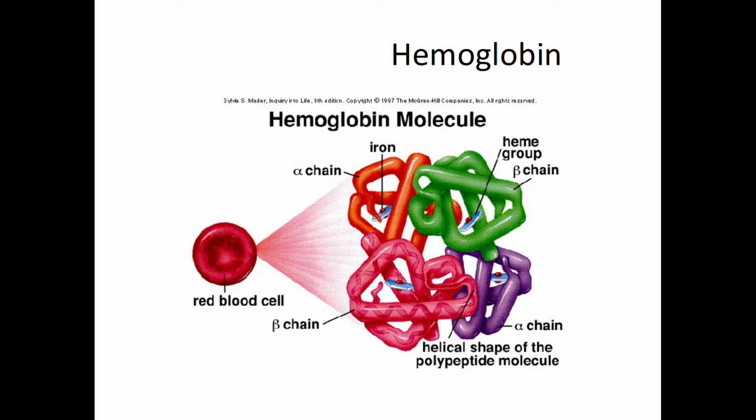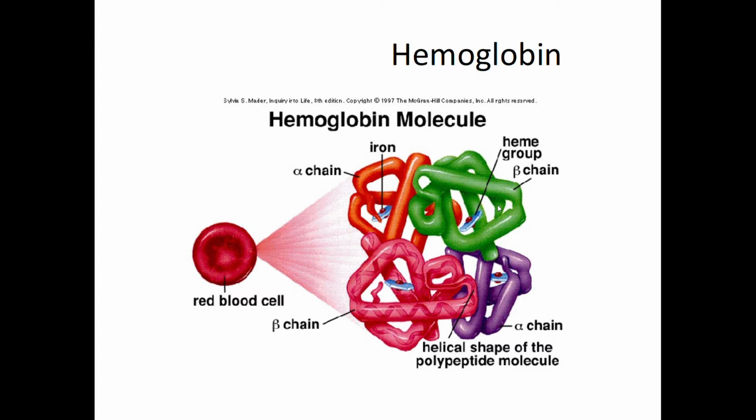And if you remember, primary structure is the amino acid sequence. Secondary structure are these helices that you're seeing in these chains, these wrapped helical shapes. Tertiary structure is this bent shape here of a single heme group.